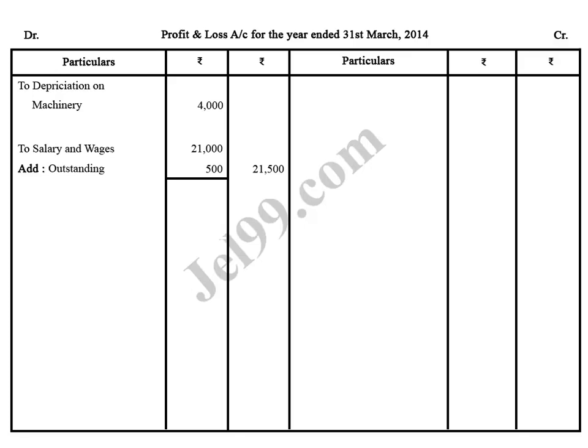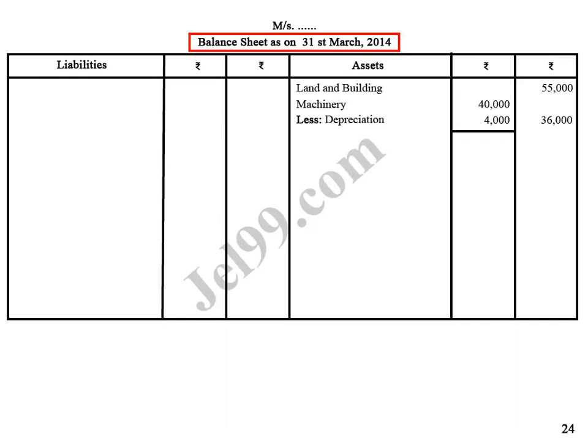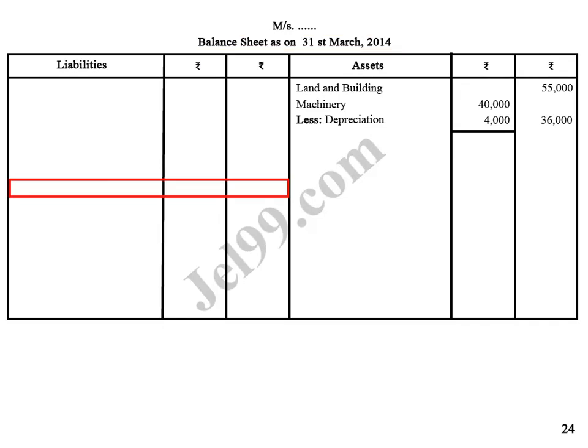its second effect shown in balance sheet, liabilities side, outstanding salary rupees 500, because such outstanding salary are still to be paid, hence it is shown in the liability side.